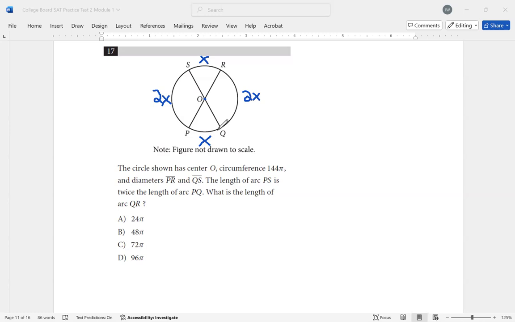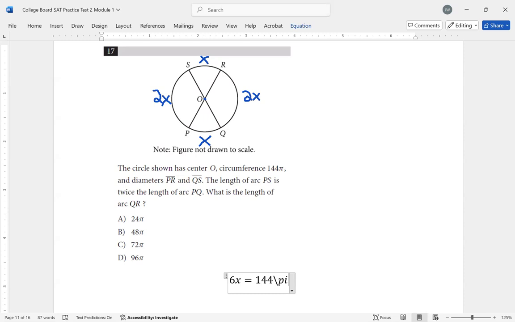Now, if I add all of those up, I end up with the perimeter, which for a circle is called the circumference, of 144 pi. So when you add all these up, 2x plus 2x plus another x, we're going to get 6 times x, and that has to equal 144 times pi.